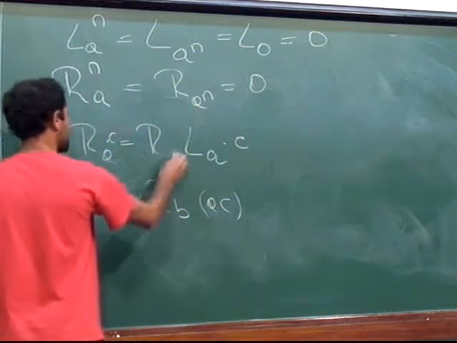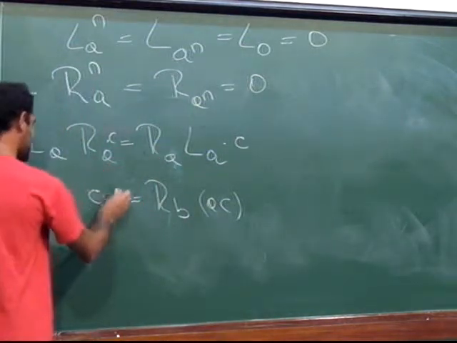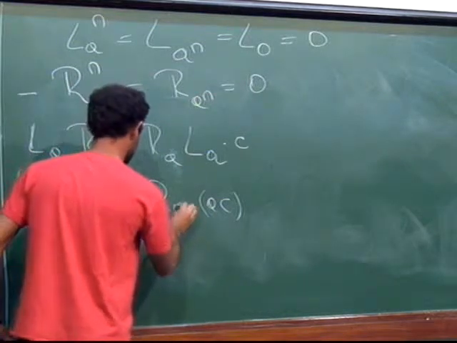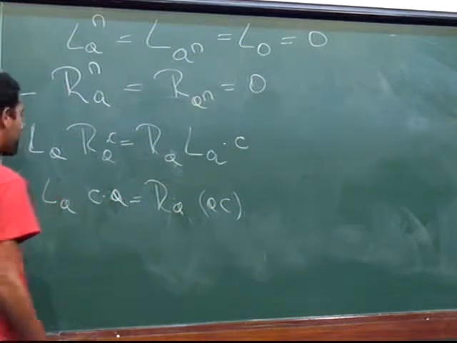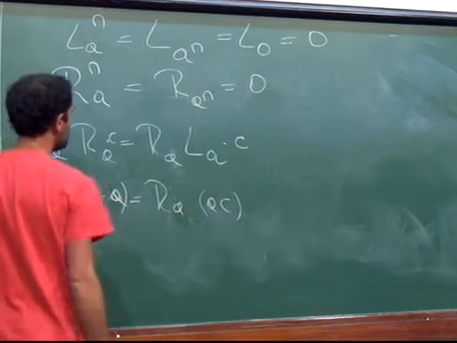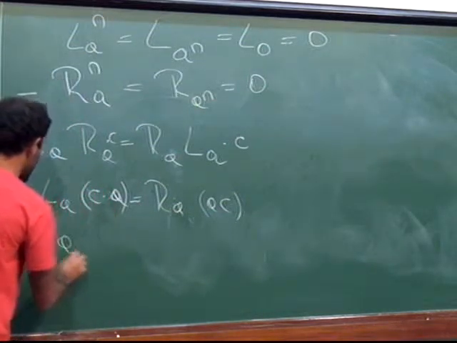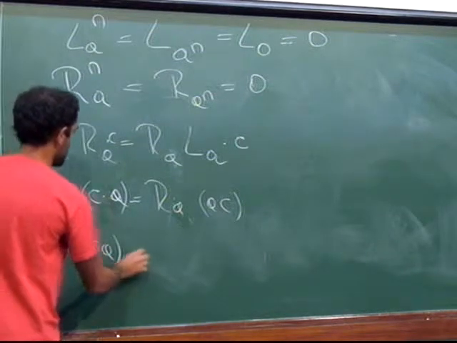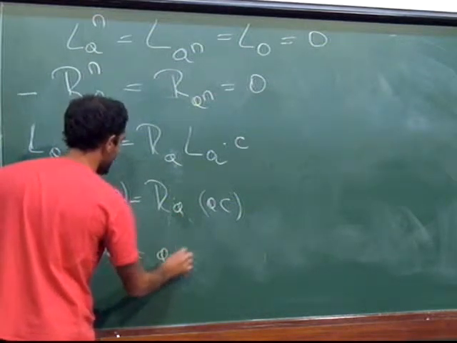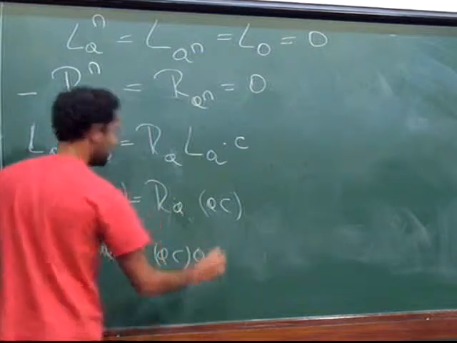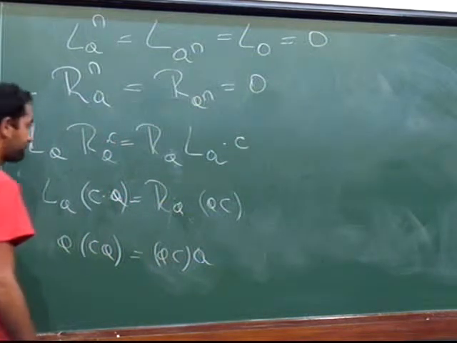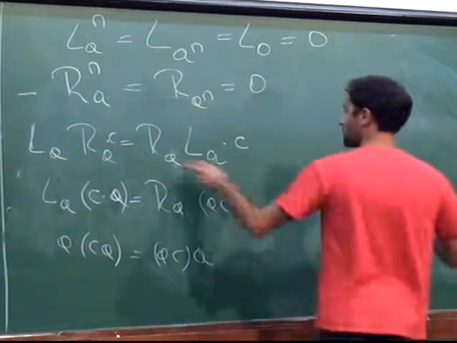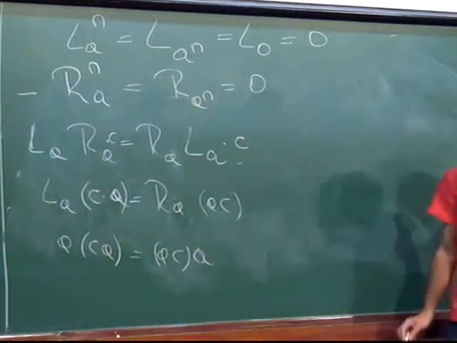Otherwise, I'm going to run into problems. Let's do this here. So now this is just A times CA. And here is just A times CA. Let's put the B later. And now by associativity, it's the same thing. So I have these two commuting.